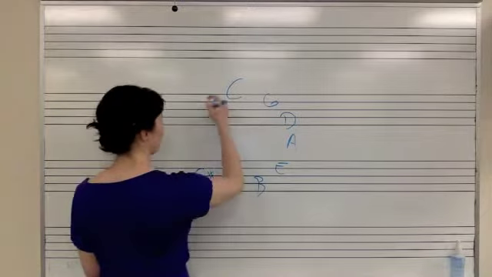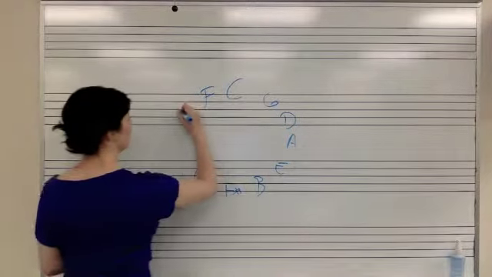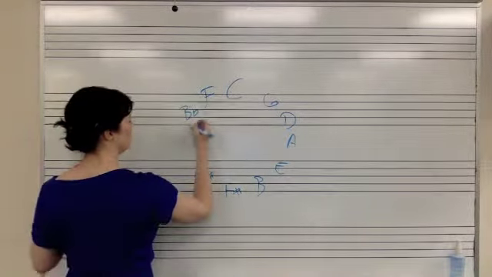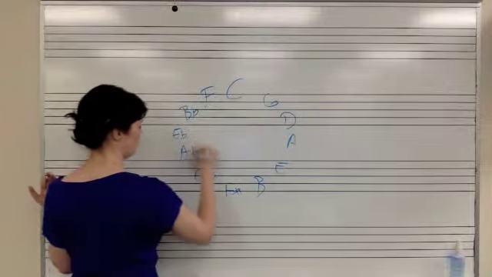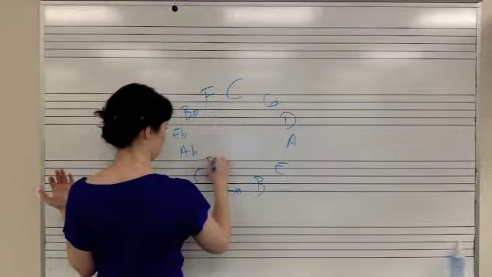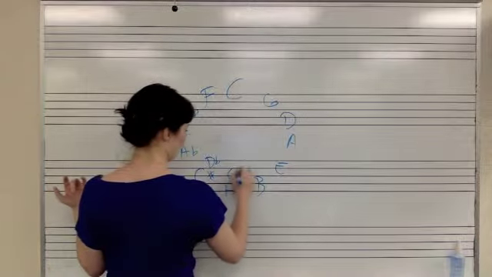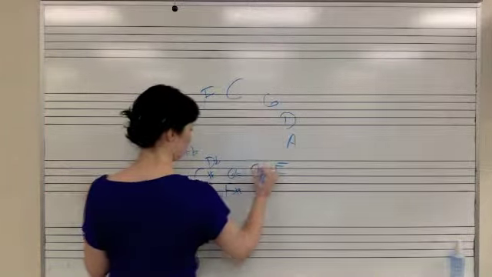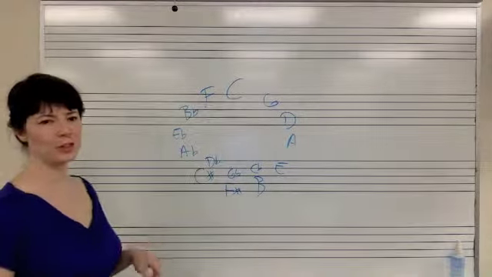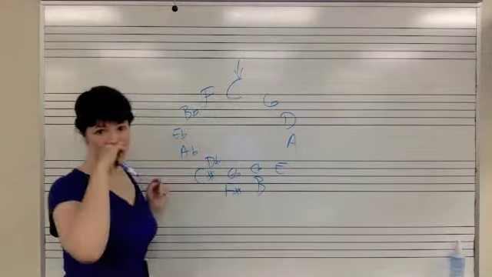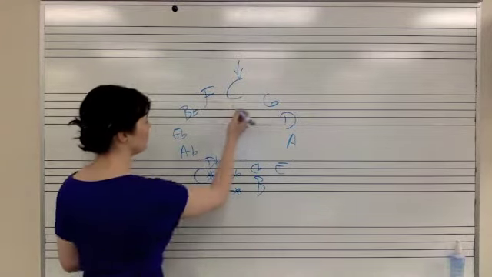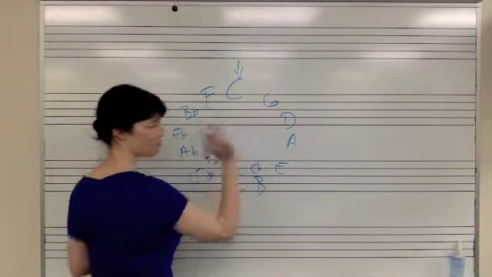All right, then we go backwards: F, B flat, E flat, A flat, D flat, G flat, and C flat. Okay, so if we're doing our circle of fifths, and say our tonal center starts at C, all right? And the minors are in here as well, just assume.